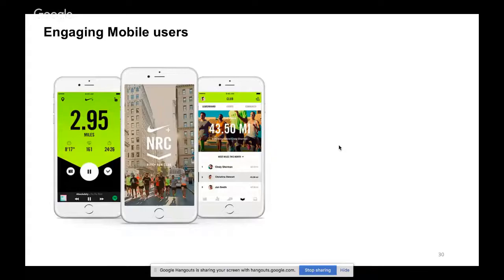Nike Plus is, as some of you may have learned, its core function is to track the distance, the pace, and the GPS route of your runs, and also it allows the customers to share their exercise activity, to share their progress with their friends through social media, on Facebook or other social media.